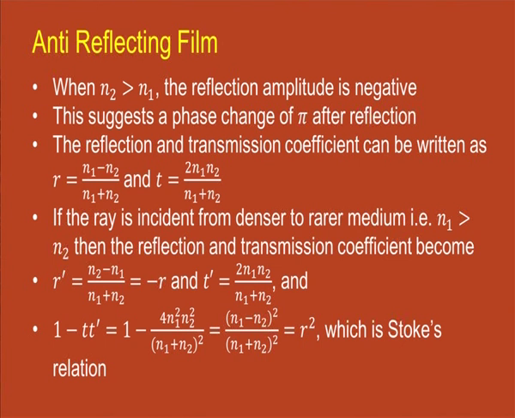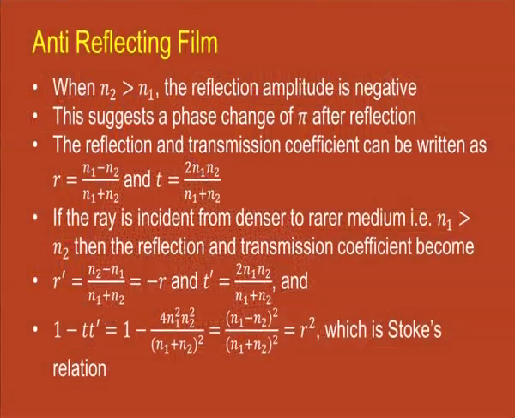If the ray is incident from a denser to a rarer medium, that is, if N1 is greater than N2, then the reflection and transmission coefficients become R prime is equal to (N2 minus N1) by (N1 plus N2), that is equal to minus R, and T prime is equal to 2 N2 by (N1 plus N2).